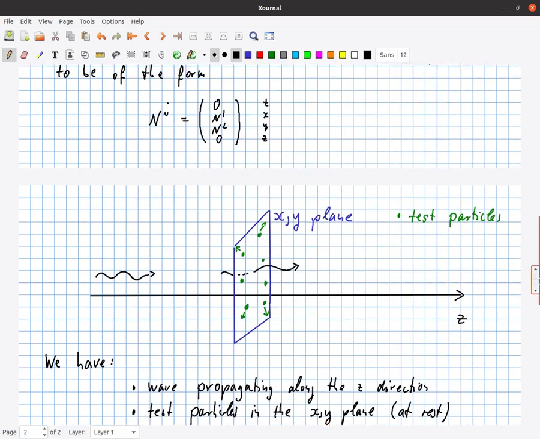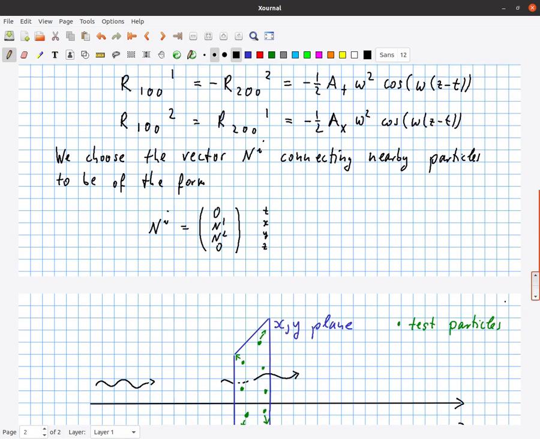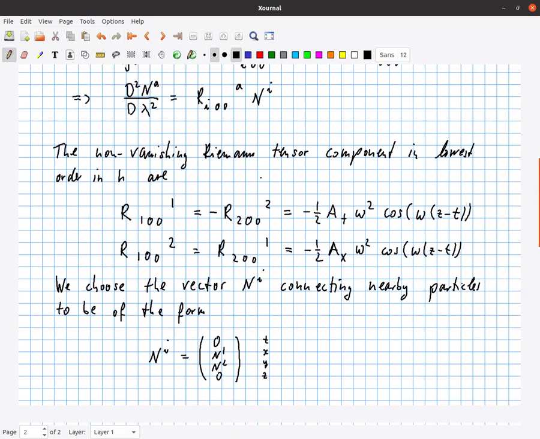becomes the following. All we have to do, we have an explicit expression for the n, which only has components in the xy direction, as every vector that connects any two of these points will be a vector of this form. We have our Riemann tensor linearized. You can now think about A as your small quantity, because h was written as A times the cosine bit.